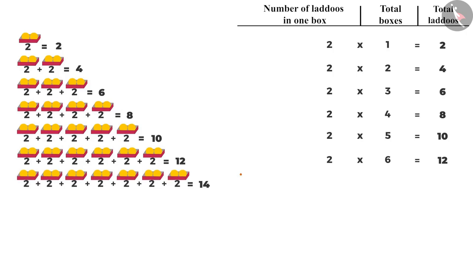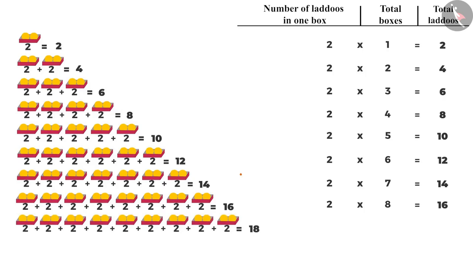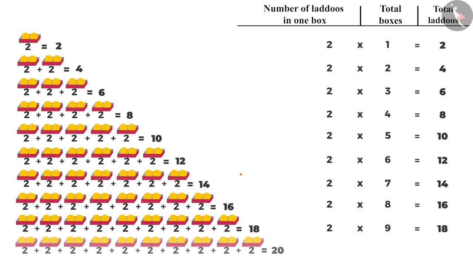In 7 boxes, 2 multiplied by 7, that is 14. In 8 boxes, 2 multiplied by 8, that is 16. In 9 boxes, 2 multiplied by 9, that is 18. And in 10 boxes, 2 multiplied by 10, which comes to 20.